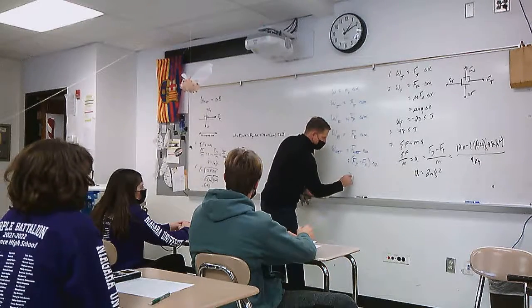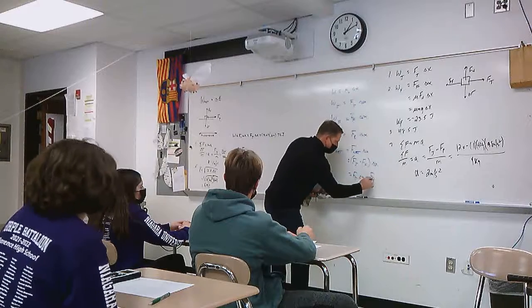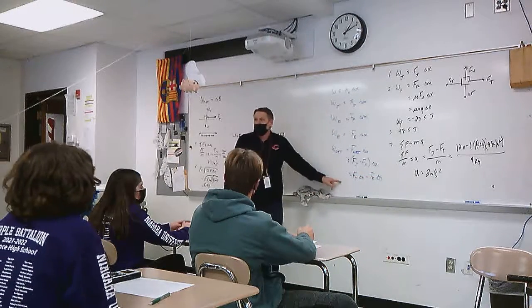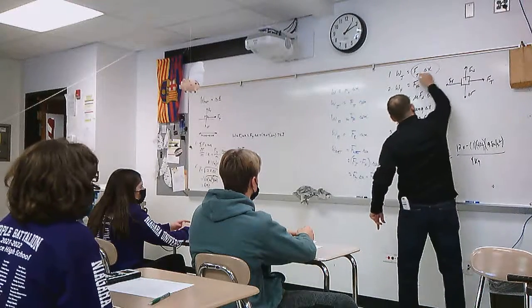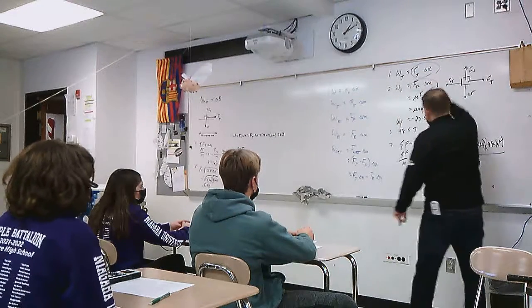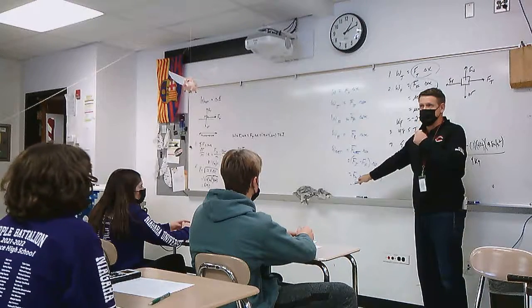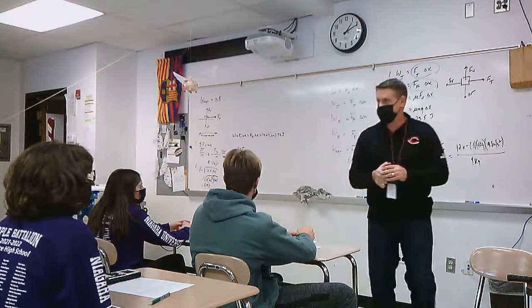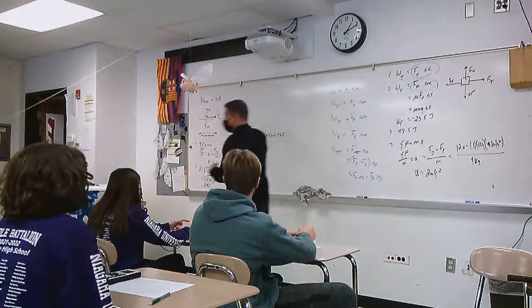Hey, that's Fj times delta x minus Ff times delta x. Where did we already do that? We took this and subtracted that. That's this. So it's really just like one big cycle of stuff. This is our main principle.